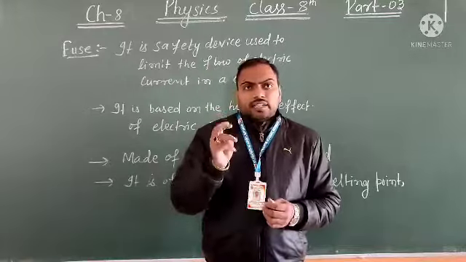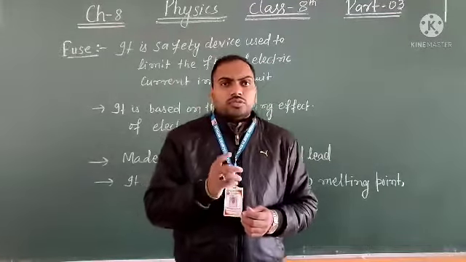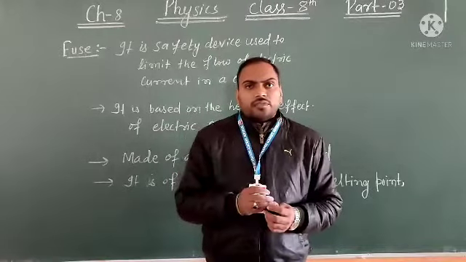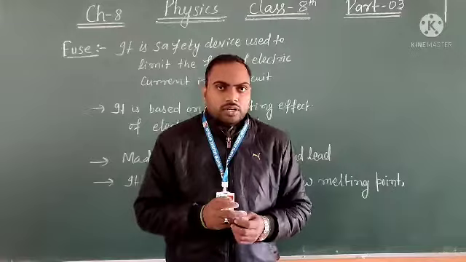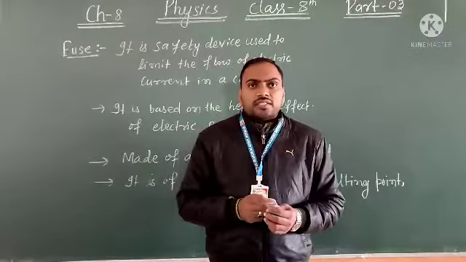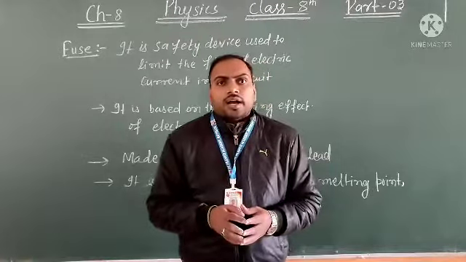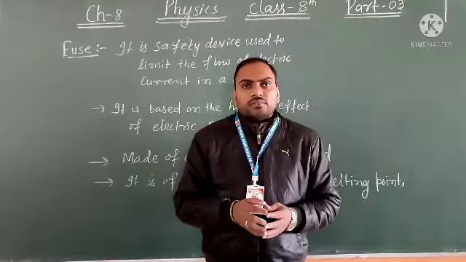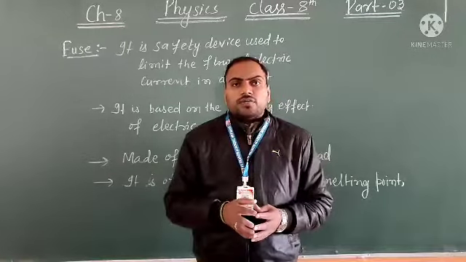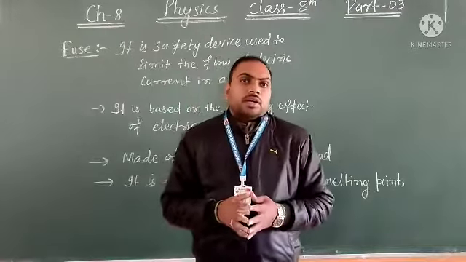Next is the neutral wire, having zero voltage, used to take the current from the appliances to the negative terminal of the battery. Next is the earth wire, which is a safety wire used to draw out current from the outer part of any electrical device, that is, metallic devices.